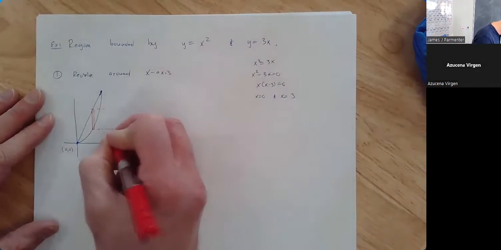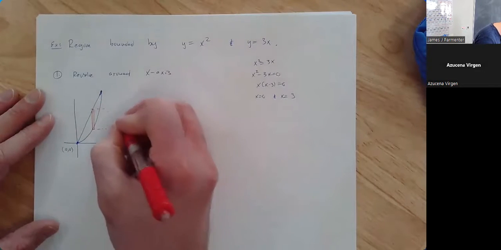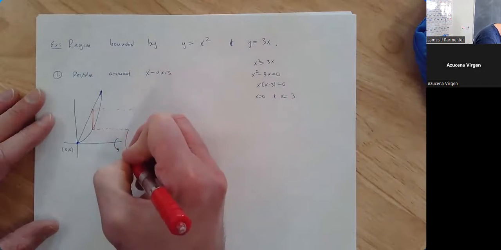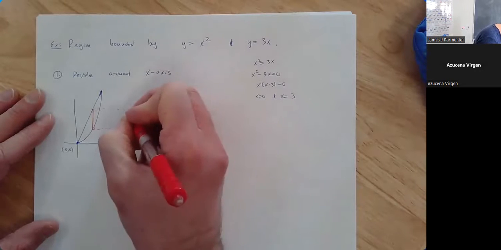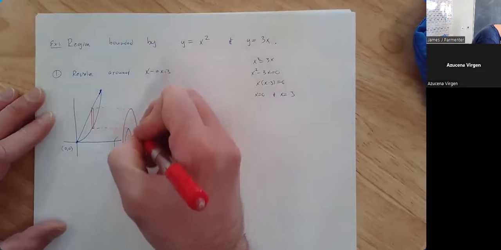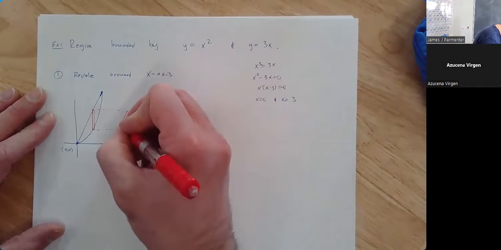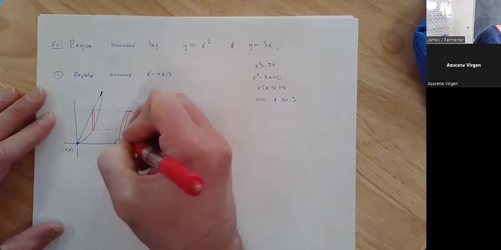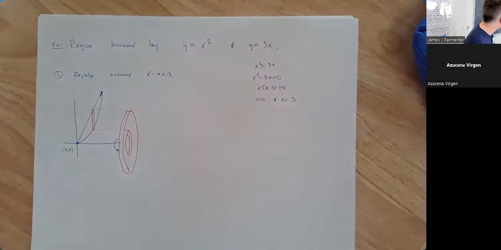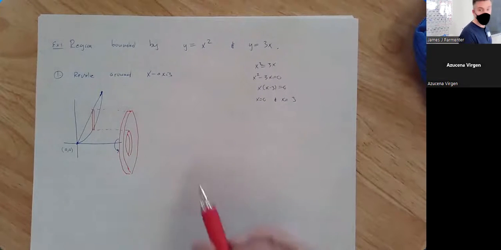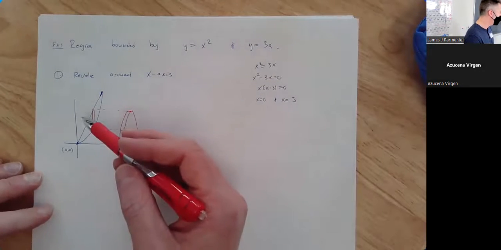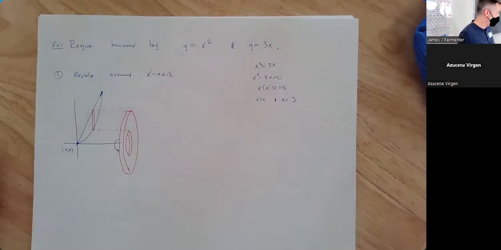So if I revolve this around, it'll look kind of like that. Now, really, you don't have to do any of these drawings. You could totally not draw this at all. I do think we need the region to help us figure out what's going on, but other than the region, I don't think you really need anything else.